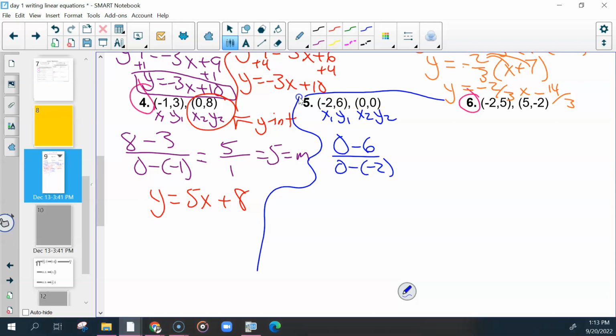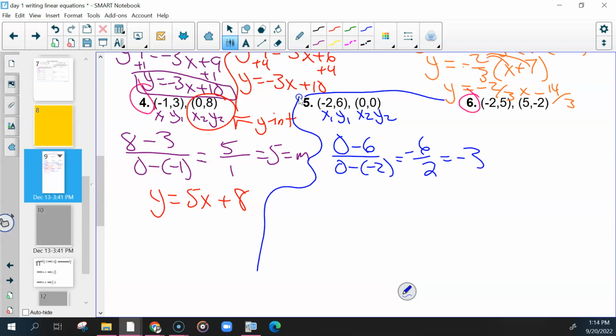What would your slope be? Which, simplified, would be what? Negative 3.